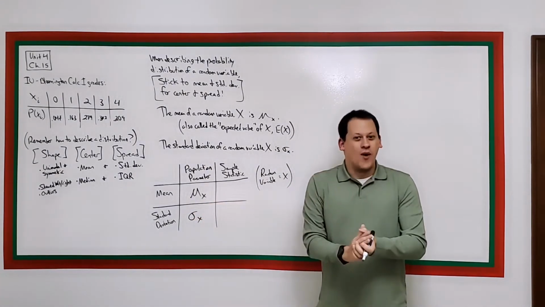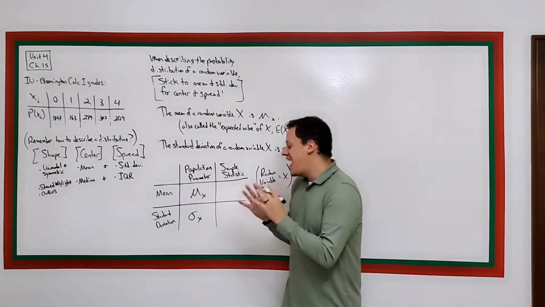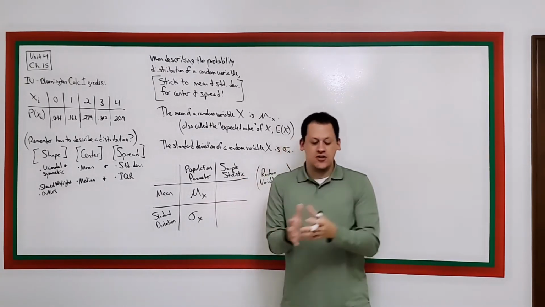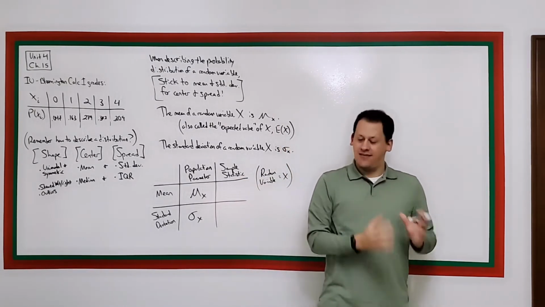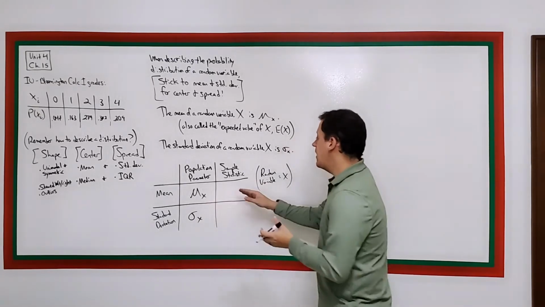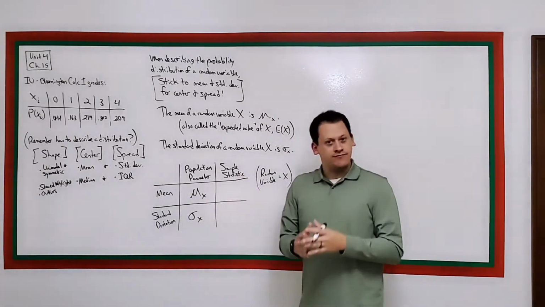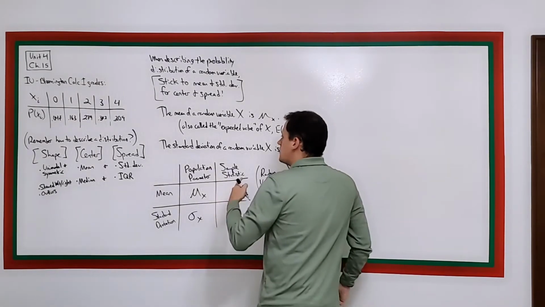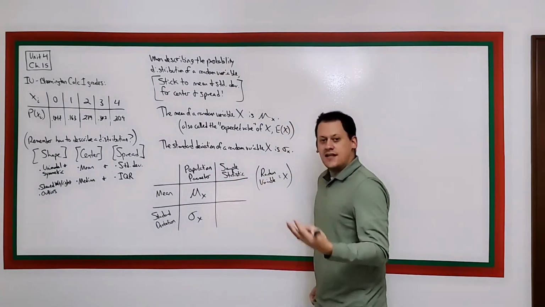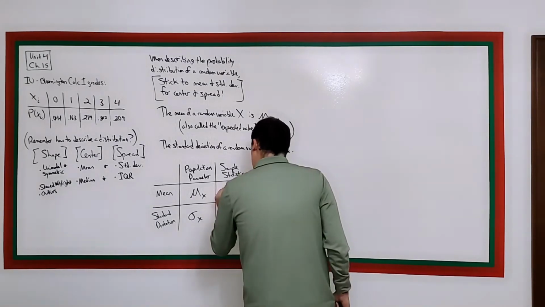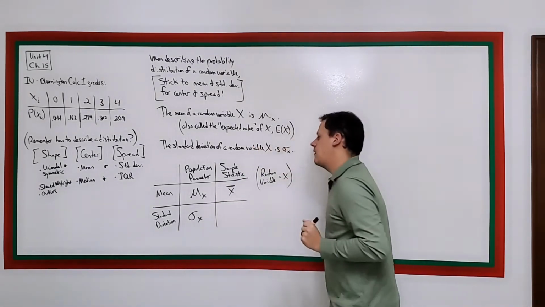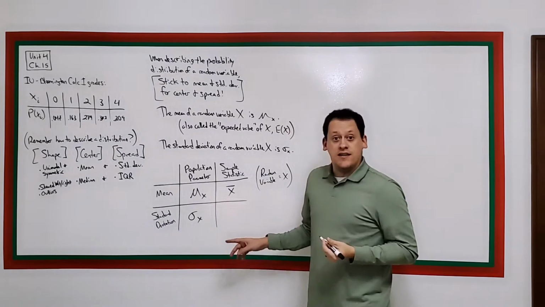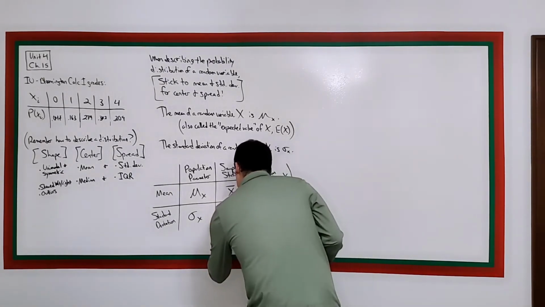If you can find some way to attach Greek letters to population parameters, that's going to be helpful because the sample statistic notation doesn't involve Greek letters. If you take a sample, the sample mean is just x bar. And the sample standard deviation is Sx.